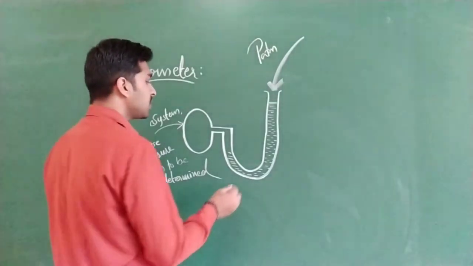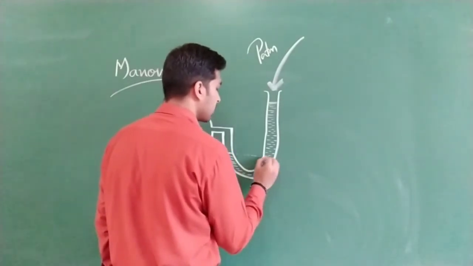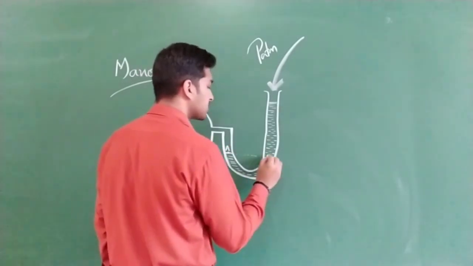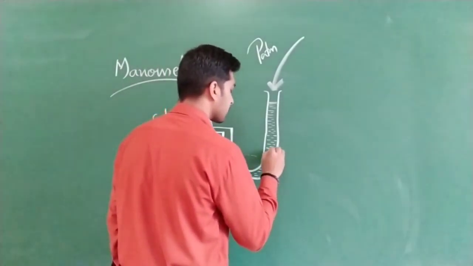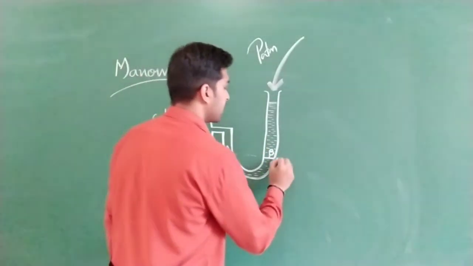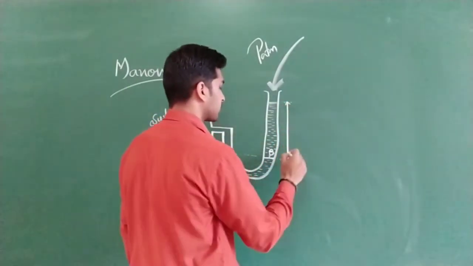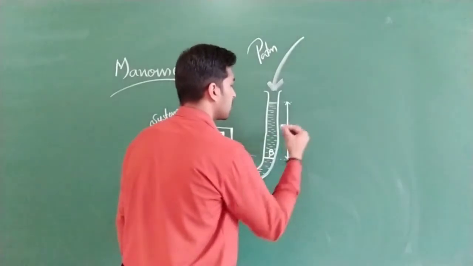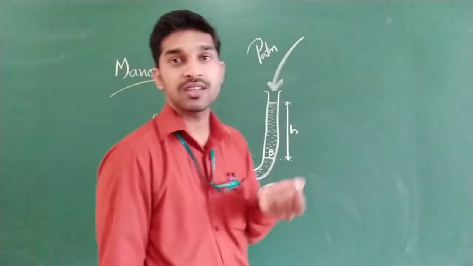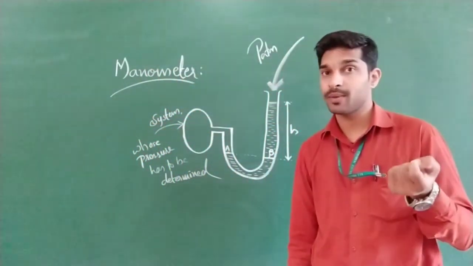So here we are considering a horizontal level. Let us call this point as point A and this point as point B, and this distance, let us call it H. We had discussed in the hydrostatic paradox that pressure doesn't depend on the shape or size of the vessel, but it depends on the height.